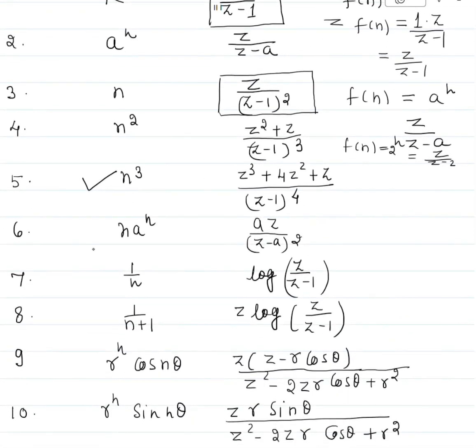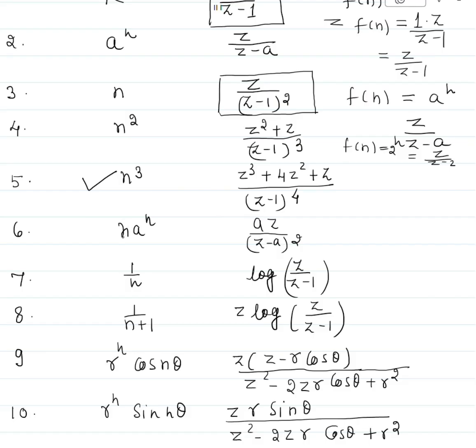Now if you are finding the Z transform of n a to the power n, you will just use az upon z minus a the square. I will also show the same proof by the property when the function is multiplied by n.